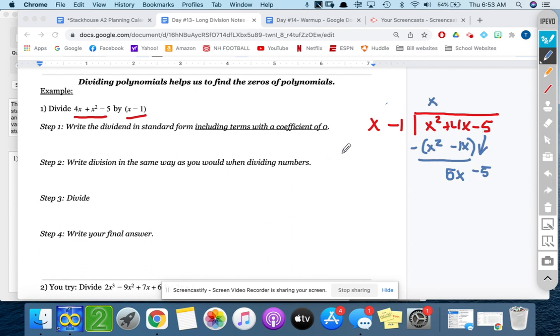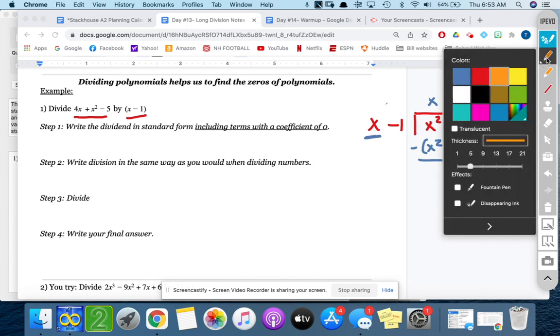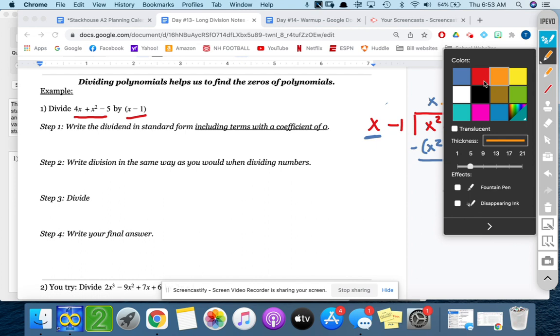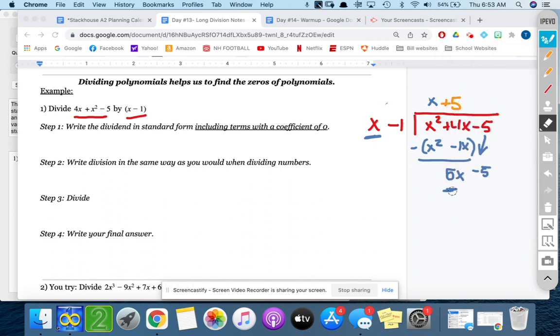And now it's time to move over. How do I make this x look like that 5x? Well, what would I have to multiply by? To go from x to 5x, I'd have to multiply by positive 5. Okay. Now, when I do that, I'm going to declutter and change a little bit so it stands out. I'm going to take this 5 and distribute it to both of those.